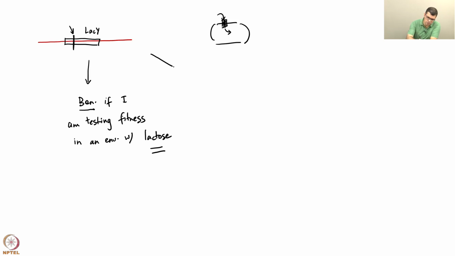However, if I grow this same individual in an environment where glucose is the carbon source, in that case, because this is a transporter which is dedicated to transport of lactose, in a glucose environment this mutation is completely irrelevant because LAC-Y as a gene is not being expressed into proteins.